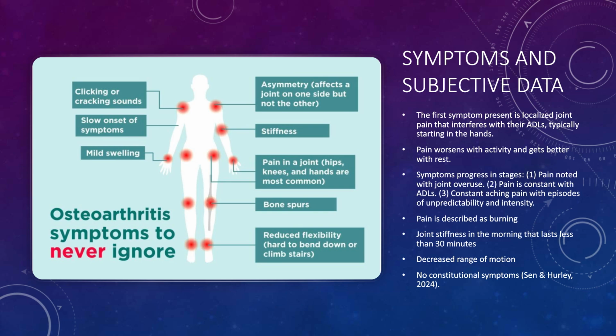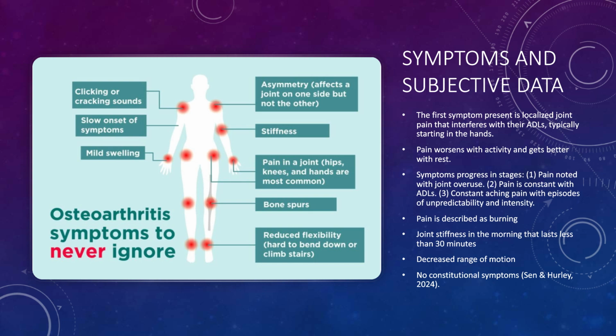Classic symptoms of OA are pain that worsens with activity and betters with rest. A key classic to remember with OA is that joint stiffness occurs in the morning, but it only lasts 30 minutes, and it also causes decreased range of motion.